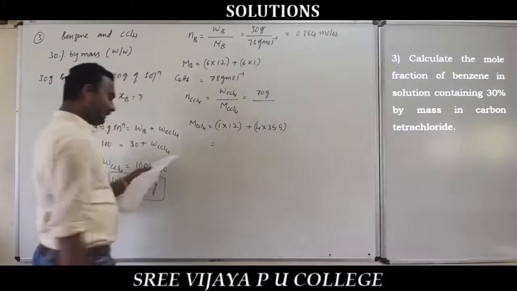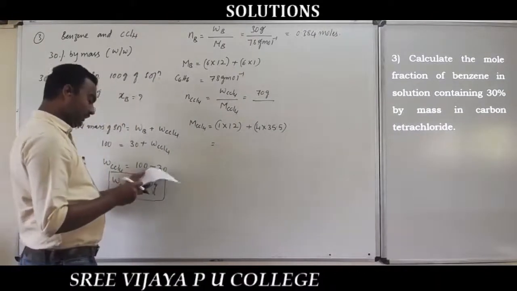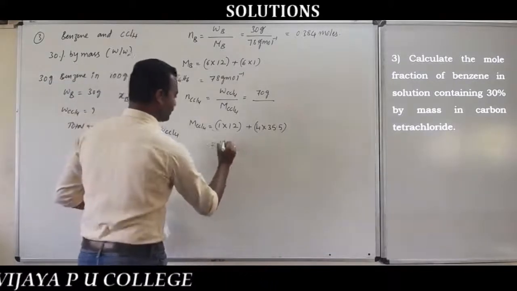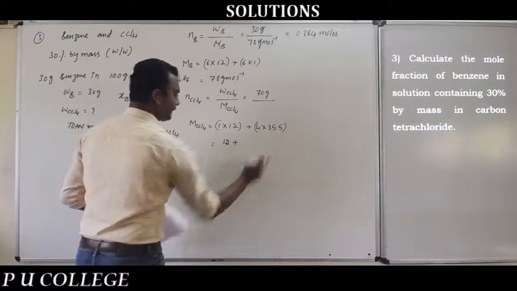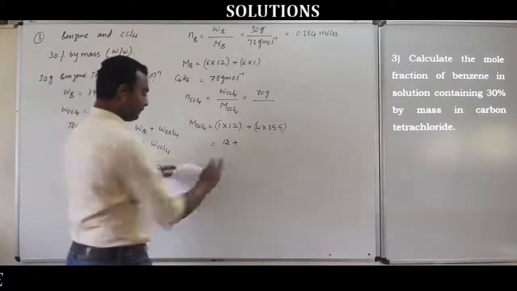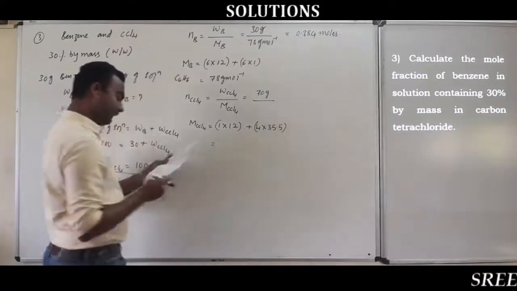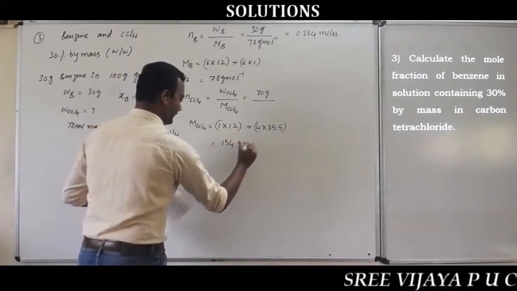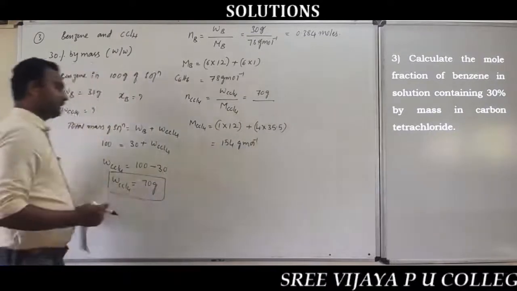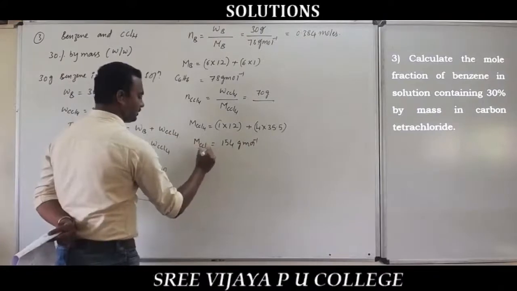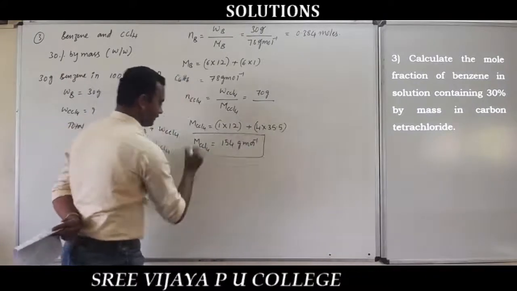So in total, 12 plus 35.5 into 4. If you calculate it, you will get 154 gram per mole. That is the molar mass of carbon tetrachloride.